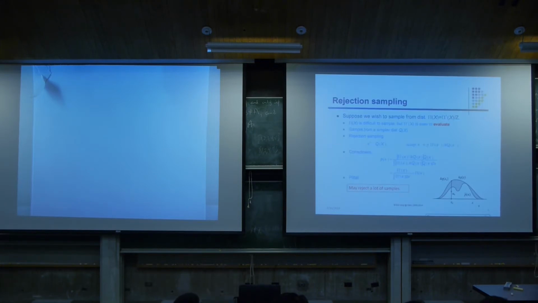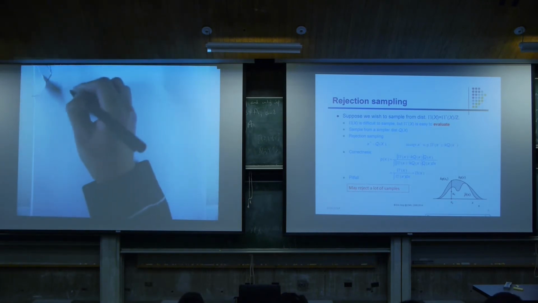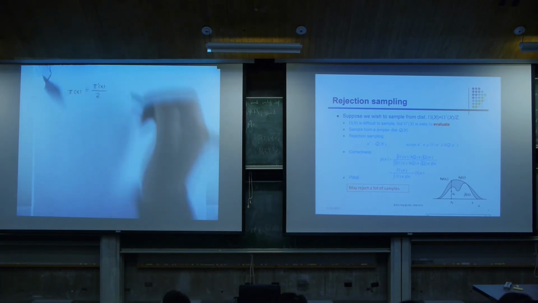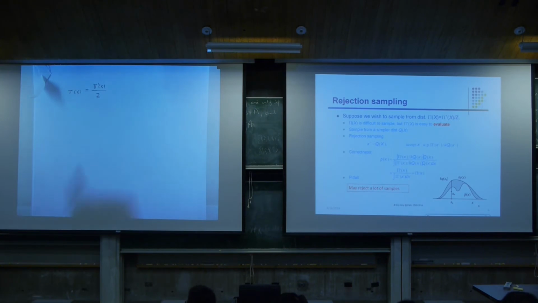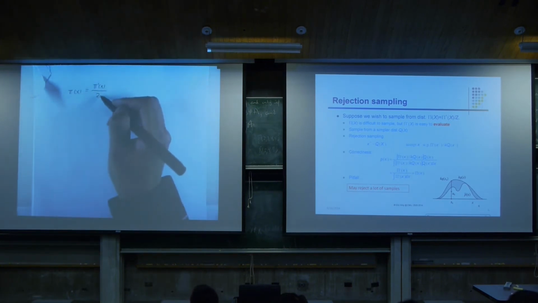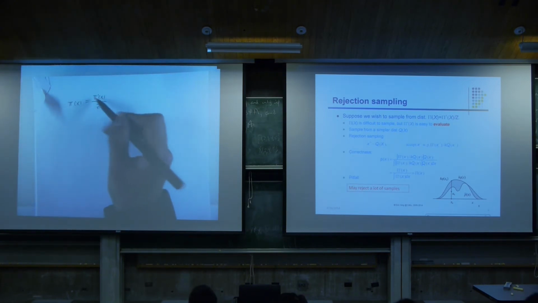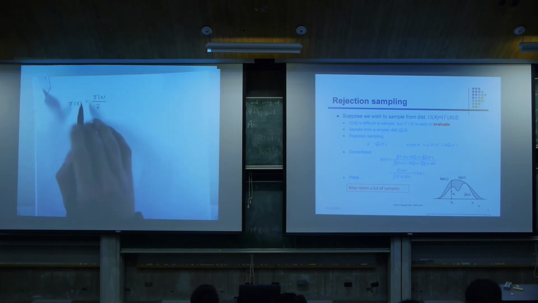Rejection sampling, the procedure is like this. We have a distribution pi(x), which can be written in this way: a potential function over the partition function. You see this in Markov random fields, right?